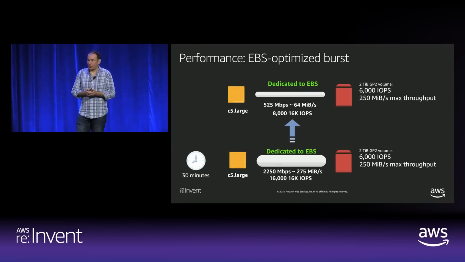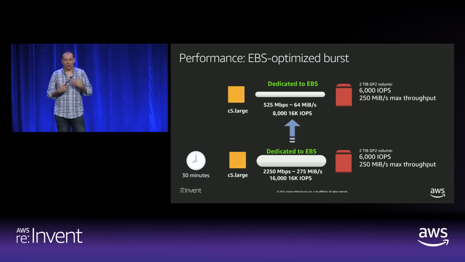Now, when we were building our Nitro system instances, we gathered a whole lot of data on how customers were using EBS-optimized. And similar to GP2, ST1, SC1, we noticed that most workloads are spiky and don't really have sustained traffic. And so what we did is we enabled the ability to burst your EBS-optimized throughput on our smaller instance sizes.